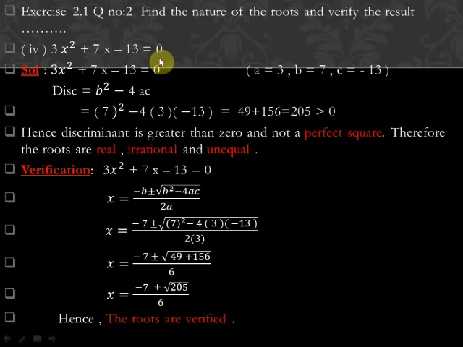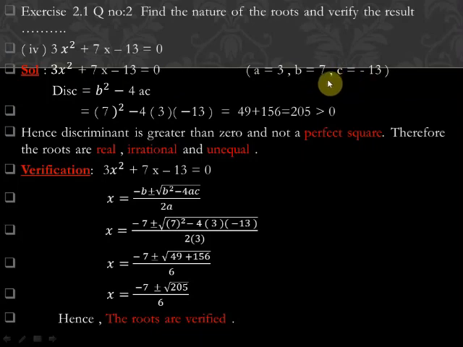Solution: comparing with the standard quadratic equation, the coefficient of x square is a, the coefficient of x is b, 7, and the constant minus 13 is c.